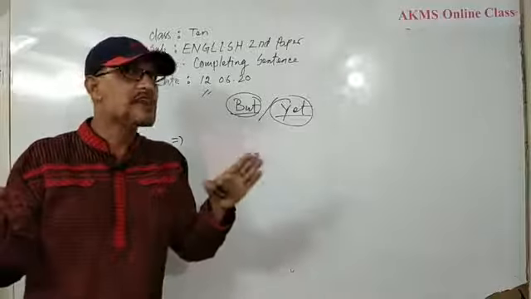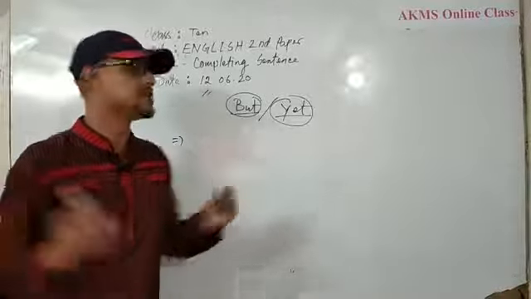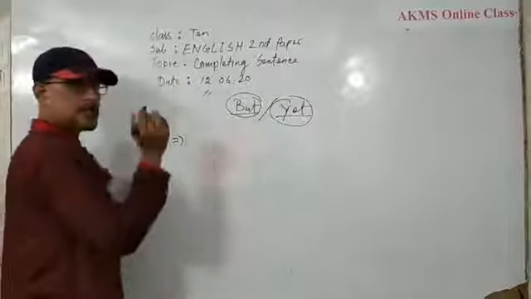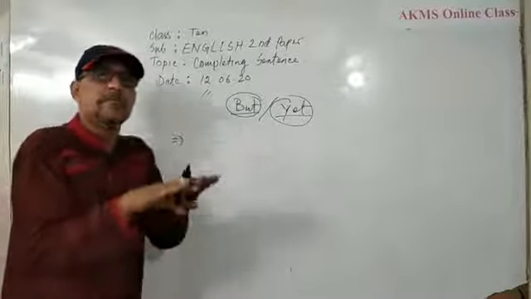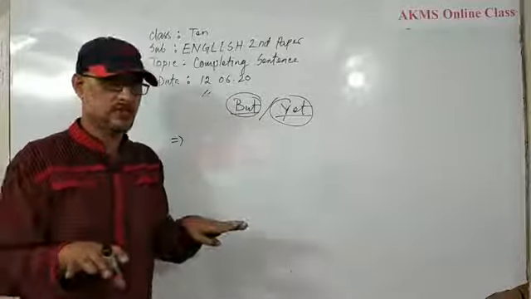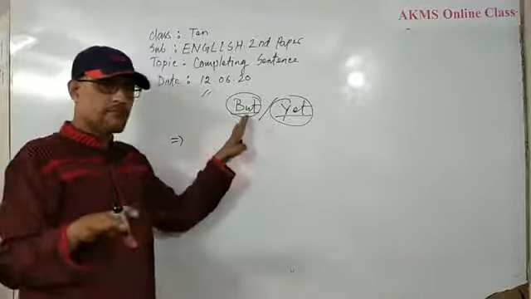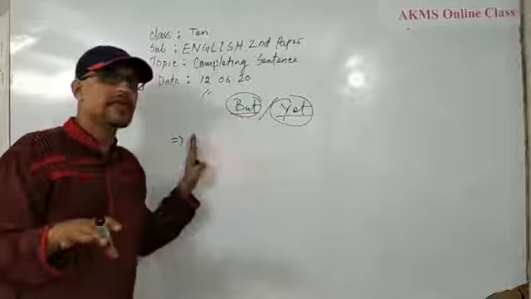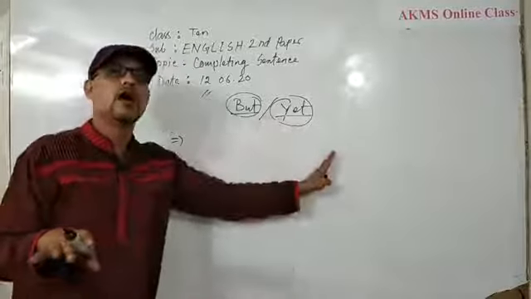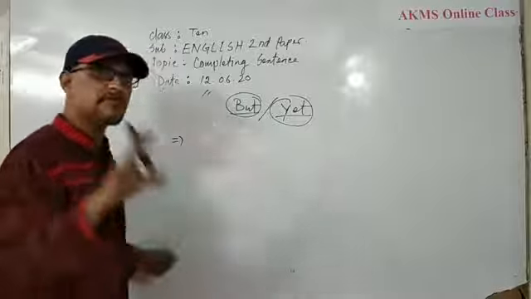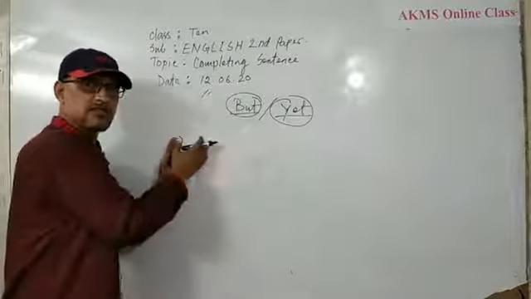You cannot write the same meaning, only opposite meaning. But or yet are used in the middle of the sentence. You cannot write but at the very beginning of the sentence. You should write it in the middle, and the first word will be given first.